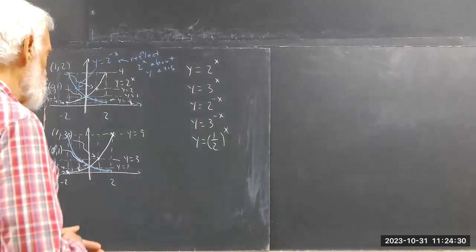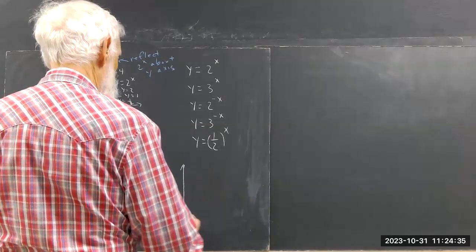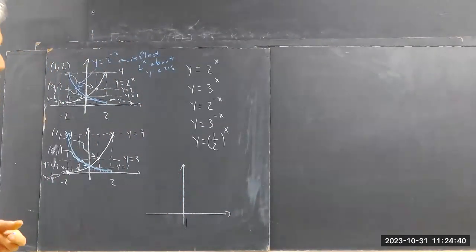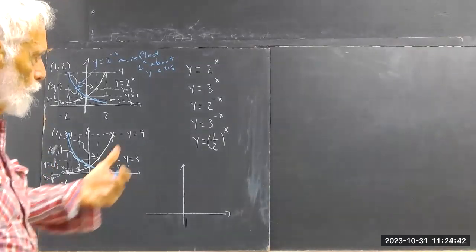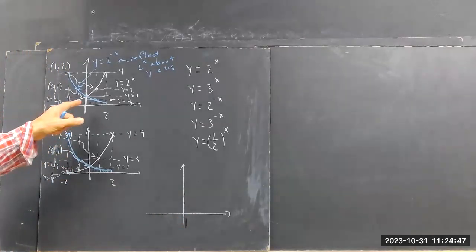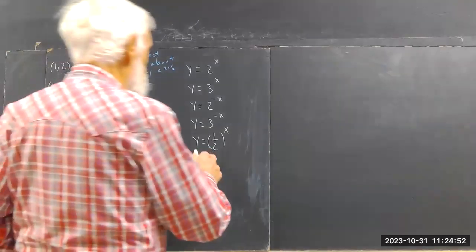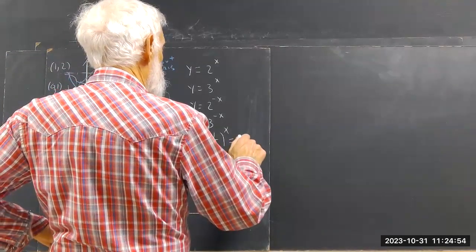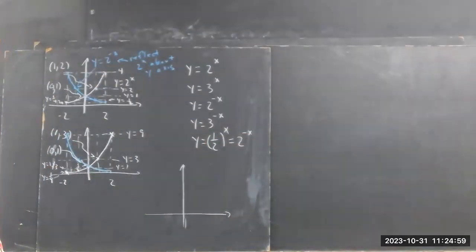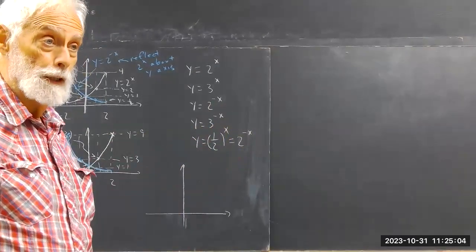And now, what about y equals (1/2) to the x? We could evaluate (1/2) to the x for different values, like maybe -2, -1, 0, 1, and 2. But we can also note that this is just 2 to the negative x, because 2 to the negative x is 1 over 2 to the x.